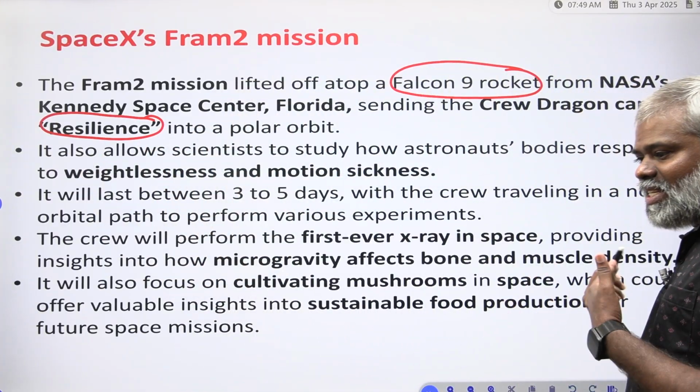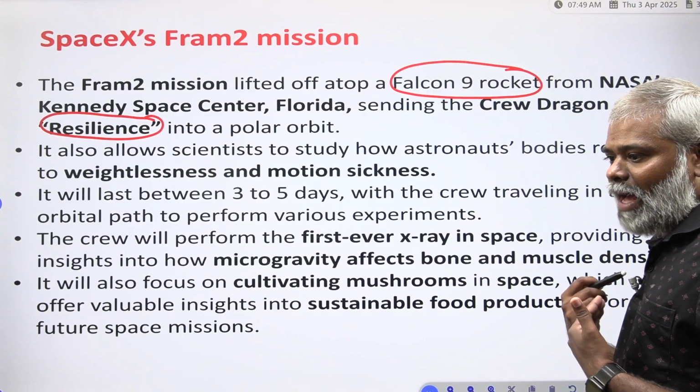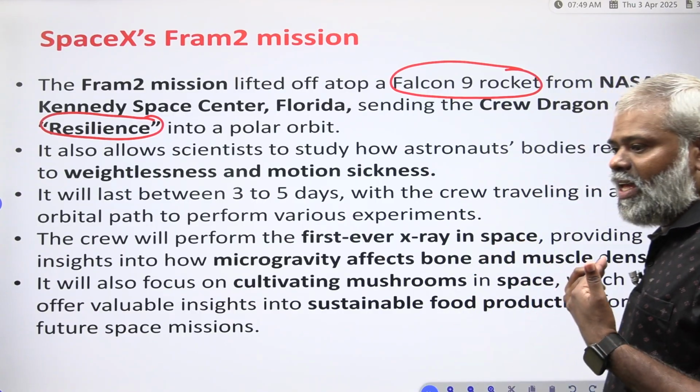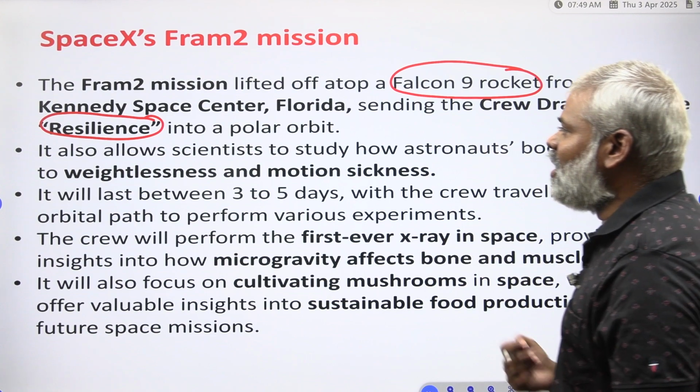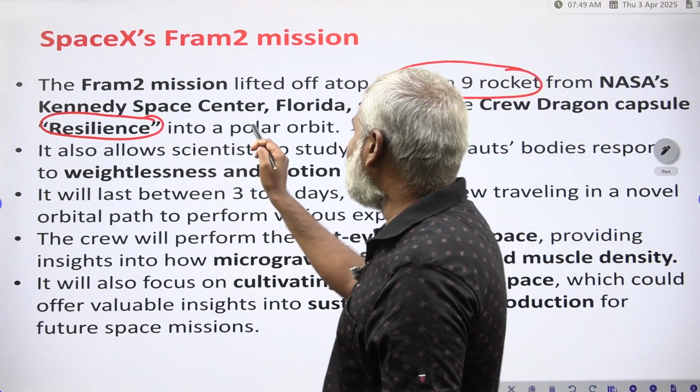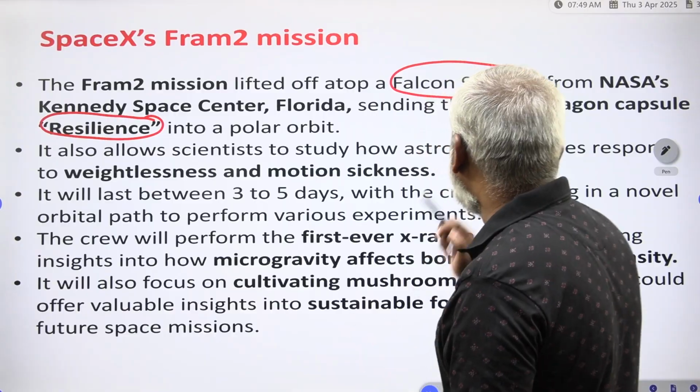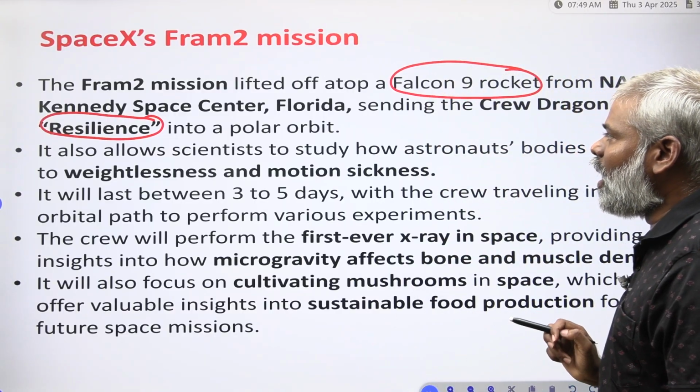Recently, through this Crew Dragon capsule only, Sunita Williams came to the Earth successfully. So this is Resilience going into the polar orbit.